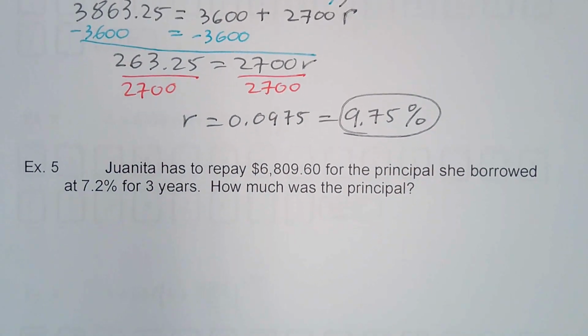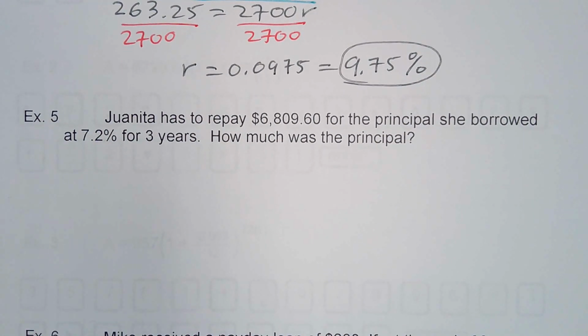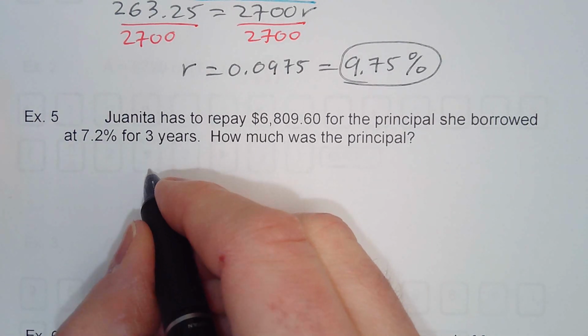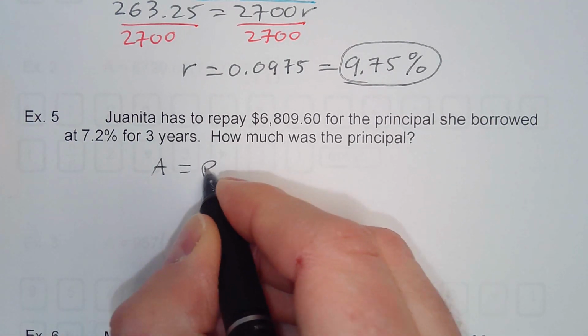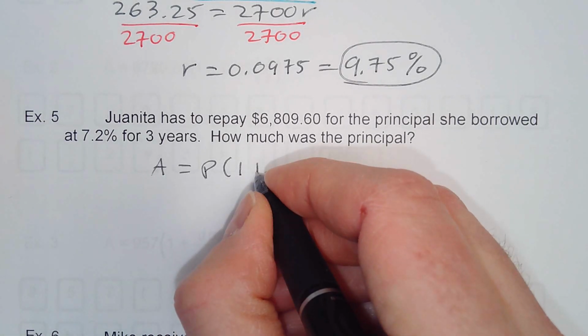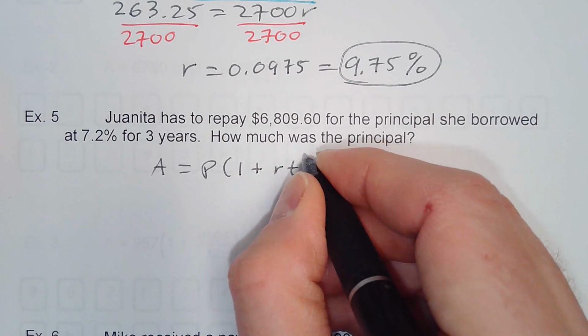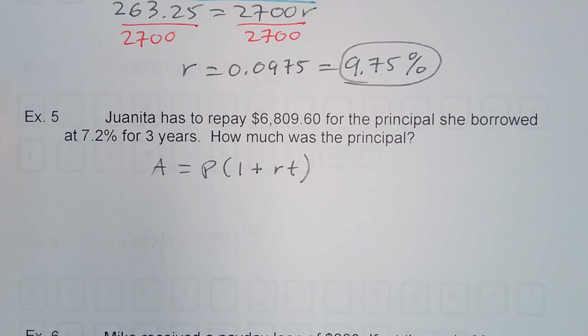Now let's compare that to example 5. Juanita had to repay $6,809.60 for the principal she borrowed at 7.2% for 3 years. How much was the principal? So this time we have R, we have T, we have A, we don't have P. So that's what we're looking for.